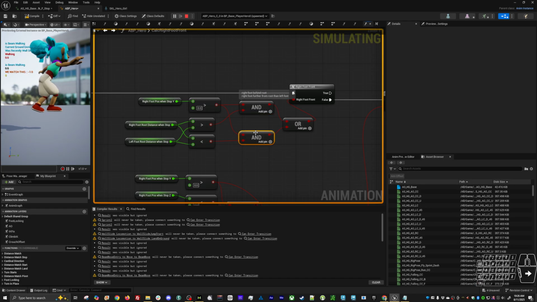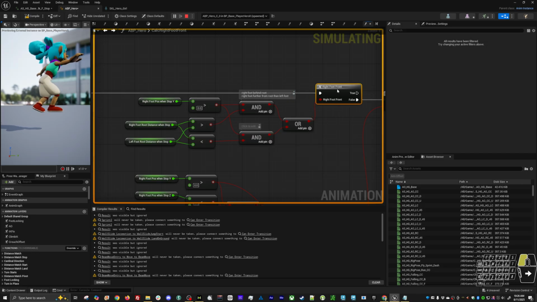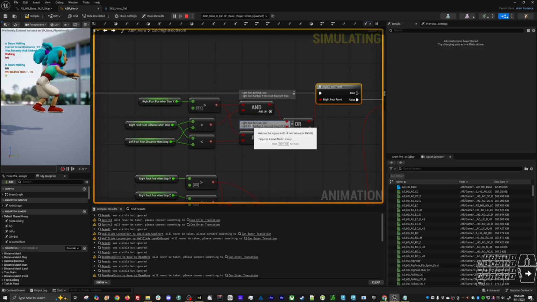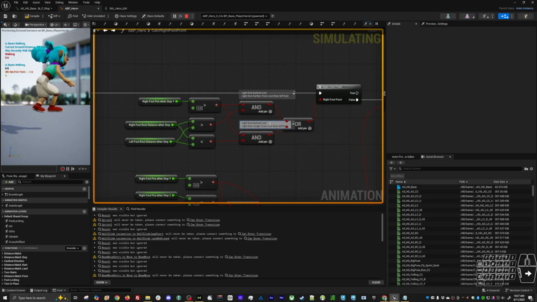Let's copy that. And this one is the same thing, but right foot is closer. So right foot is behind the root, and right foot is closer to root than left foot.